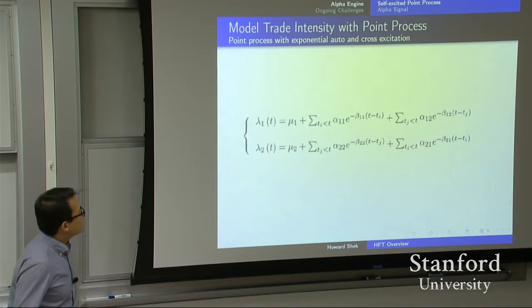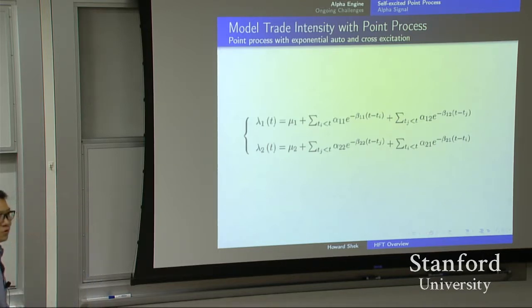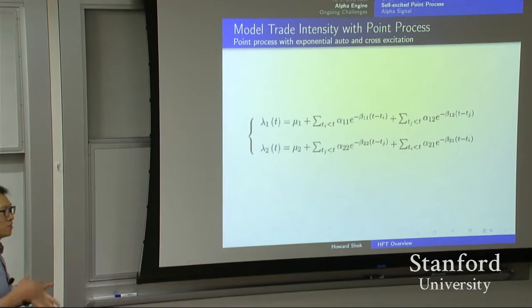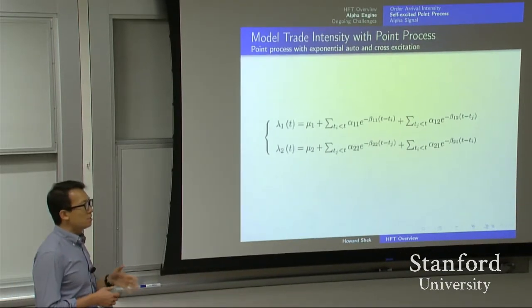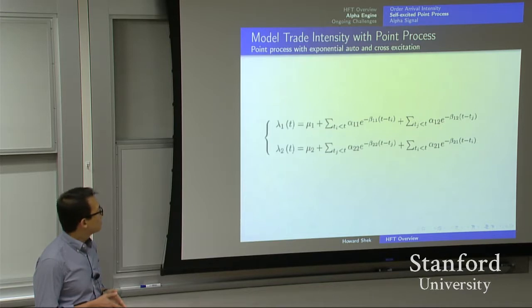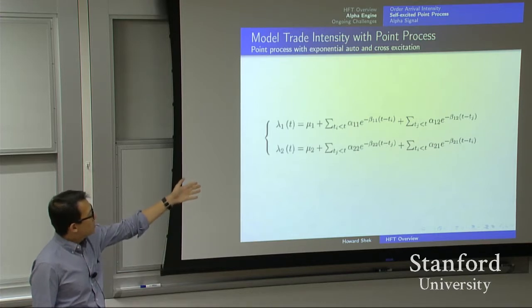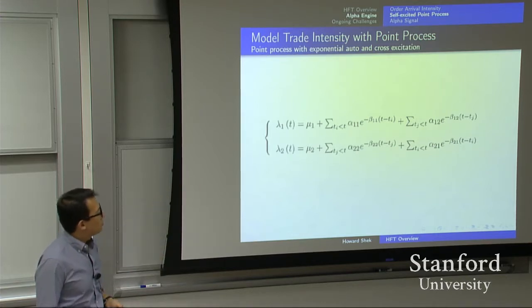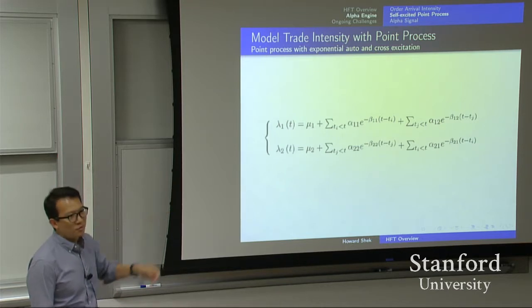The alpha 1,1 and alpha 2,2 are the parameters that govern the clustering effect of the intensity. The cross effects are given by the alpha parameters alpha 1,2 and alpha 2,1. And the betas are for decay.